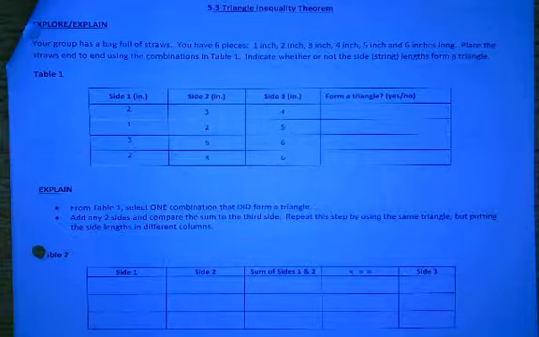Okay, when you're finished, do table 2. Pick a group of 3 that formed a triangle, and then add any 2 sides together. You'll add side 1 and side 2, side 2 and side 3, side 1 and side 3, and see what you get in that table.